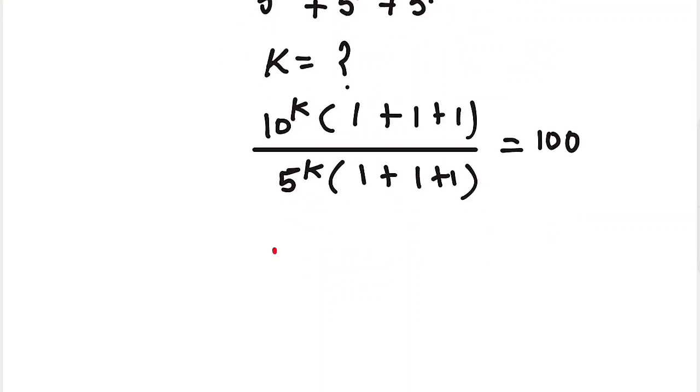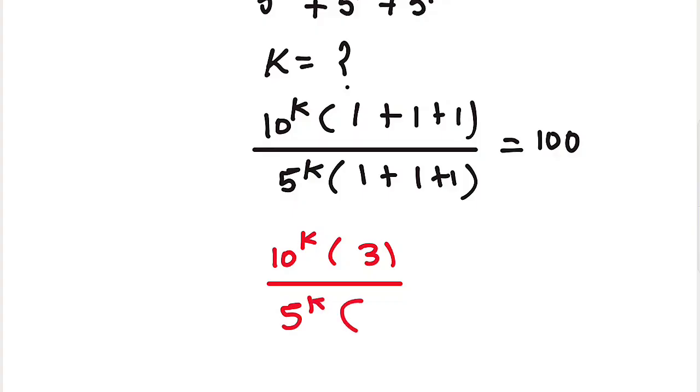All right, so from there we move on. We're going to have 10 to the power of k, multiplied by 3 when you add this together, divided by 5 to the power of k, which will also give us 3, then equals 100. The next thing we're going to do is notice that there's something common: 3 is here, 3 is here, we cancel this.